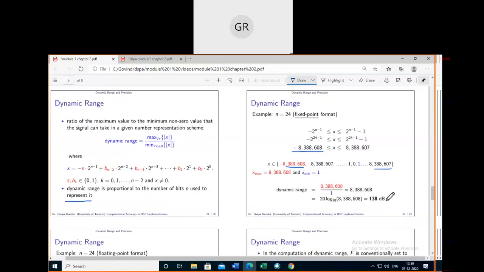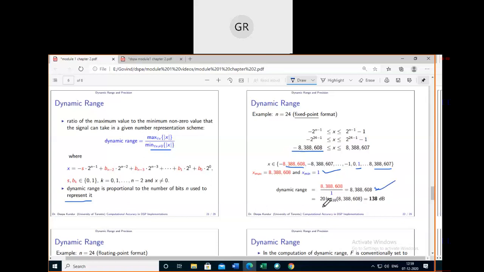We always take the x minimum value. This non-zero minimum value is always 1. Just remember. Then x max is equal to 83,88,608 divided by 1.